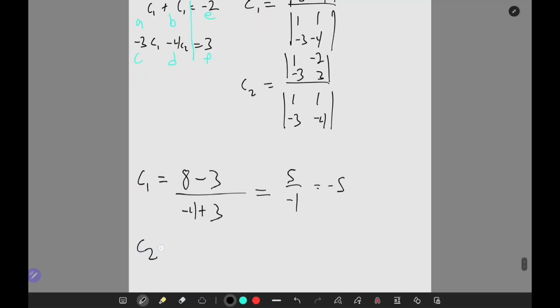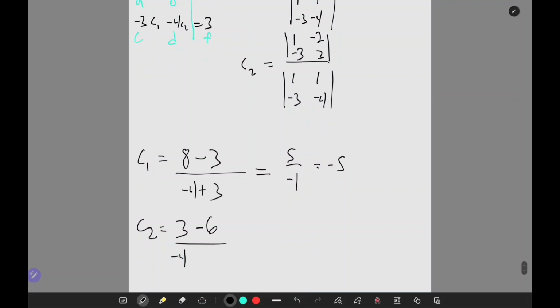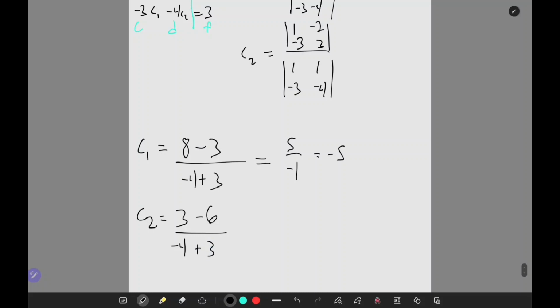So then C2 is 1 times 3 is 3, minus -2 times -3 is 6. That's minus 6 over 1 times -4 is -4, minus 1 times -3 is -3 times a negative plus 3. So then that gives us -3 over -1, which is just 3.